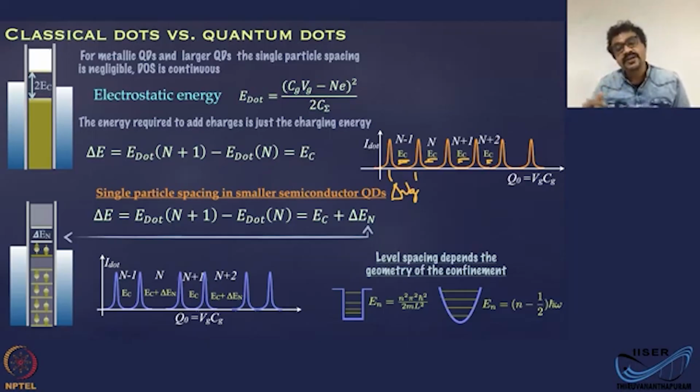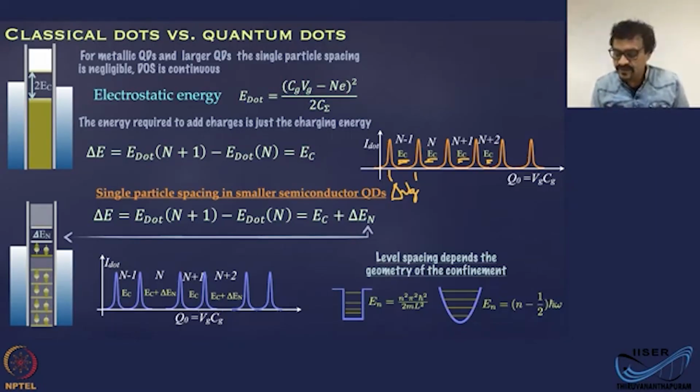So in addition to the electrostatic barrier that you need to cross to add an electron onto the dot, you also need to satisfy its internal energy levels. That means these peaks may not be equally spaced because you also have the spin degeneracy present.